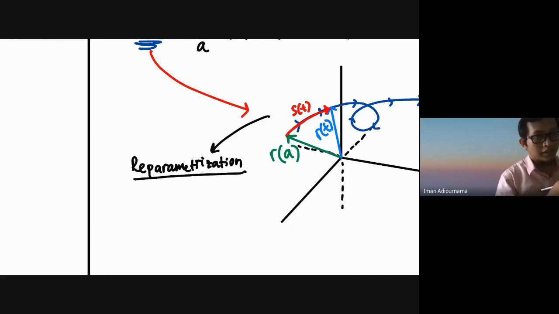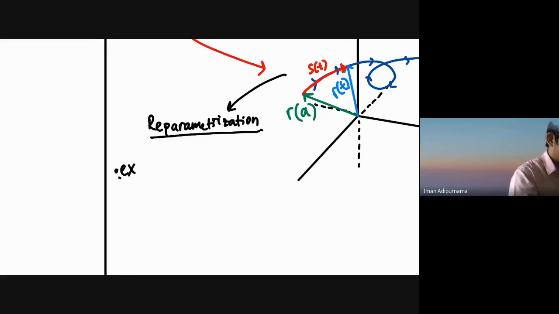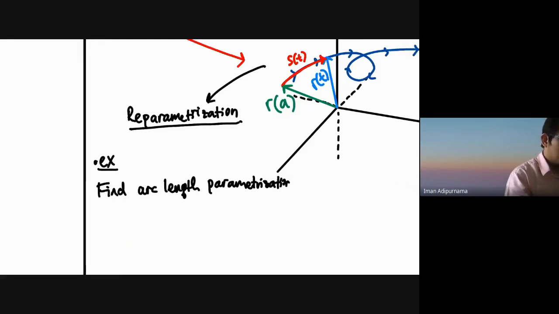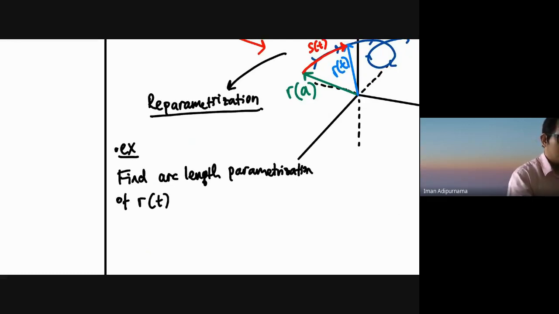So for example, let me go to an example question. Example: find the arc length parametrization of the function cos t i plus sine t j plus t k.